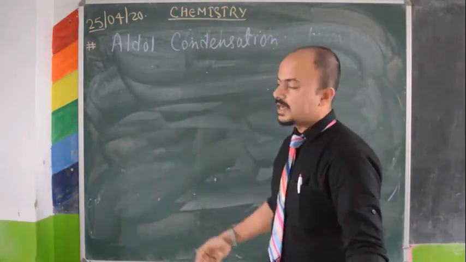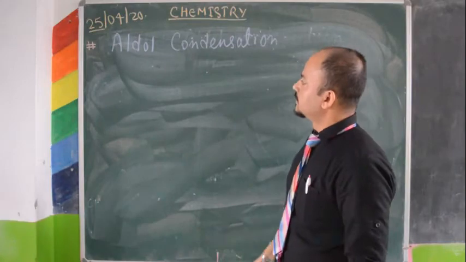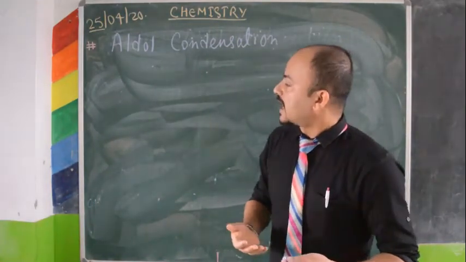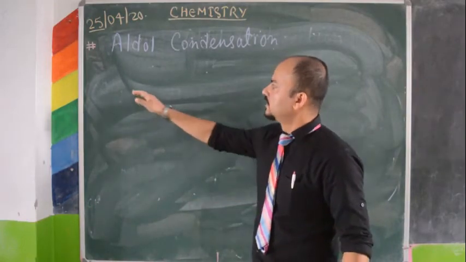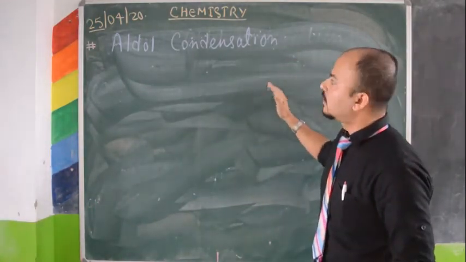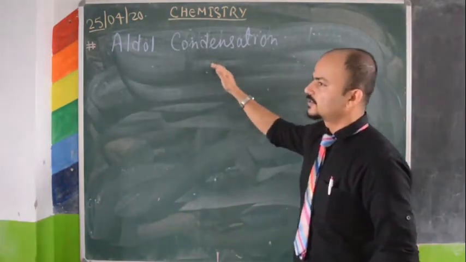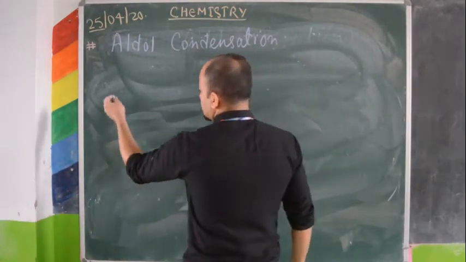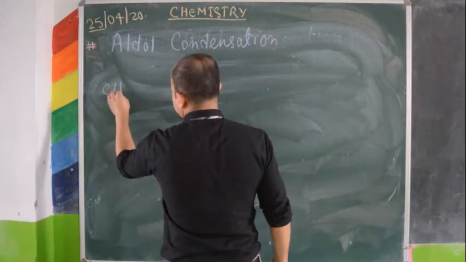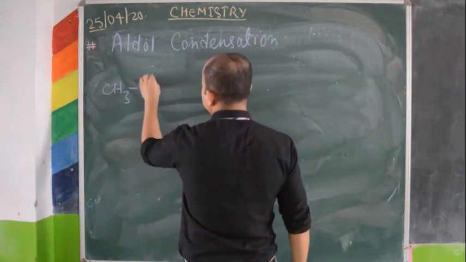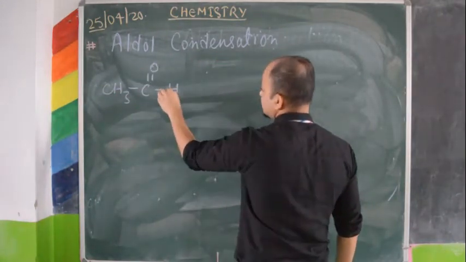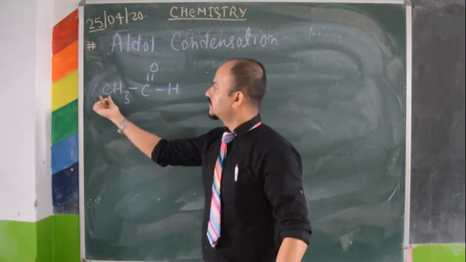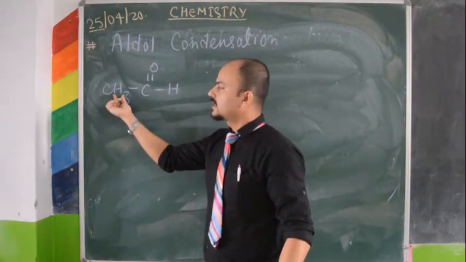Okay, now in aldol condensation, those compounds which contain alpha hydrogen will undergo aldol condensation in presence of dilute alkali. So if I give you an example, that will be more clear. So this is your functional group. This is alpha carbon and these are your alpha hydrogen.